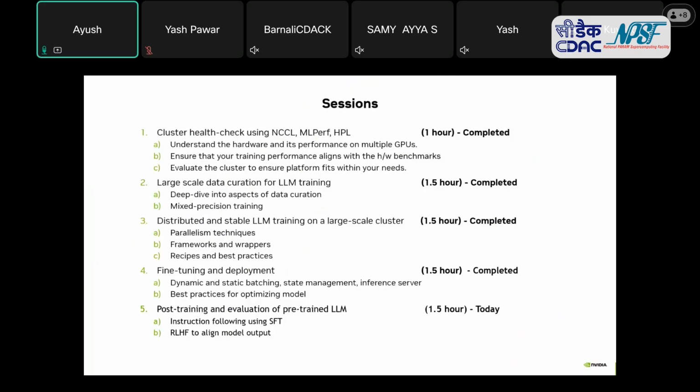Today we are going to cover two main things. First, how do we do instruction following? Let's say we ask the LLM to tell me how to make a tea. It takes some instructions from the user, and on the basis of that, it gives a set of answers. Then, how do we ensure that the generated output is aligned to human preferences? These are two subjective things: one is the alignment, and second is human preferences.